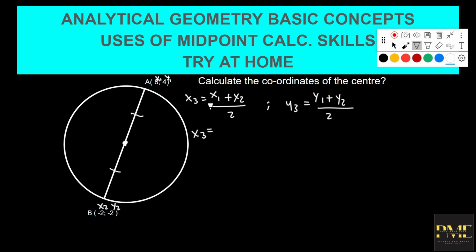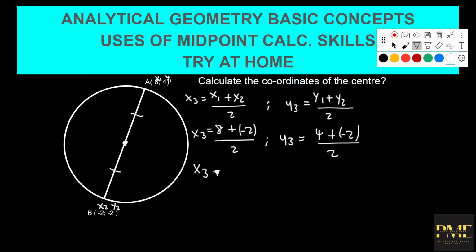So x3 is going to be equal to 8 plus x2, which is negative 2, all over 2, and y3 will be equal to y1, which is 4, plus negative 2 all over 2.